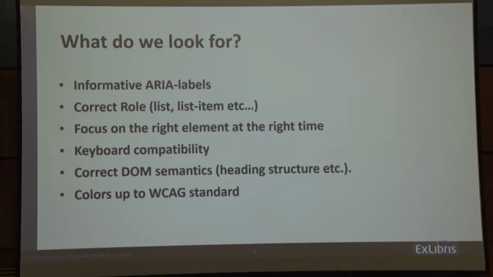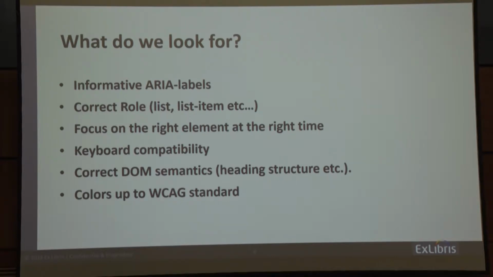So a few of the things that we look for when we're working on accessibility. We have informative aria labels. We want to have correct roles for various elements in the HTML. We want to be able to focus on the right element at the right time. So if we're opening a widget, obviously we want to be focused inside that widget and not still in the background somewhere. And we want to have keyboard compatibility, which means you can get everywhere in the web page using your keyboard and be able to use everything.